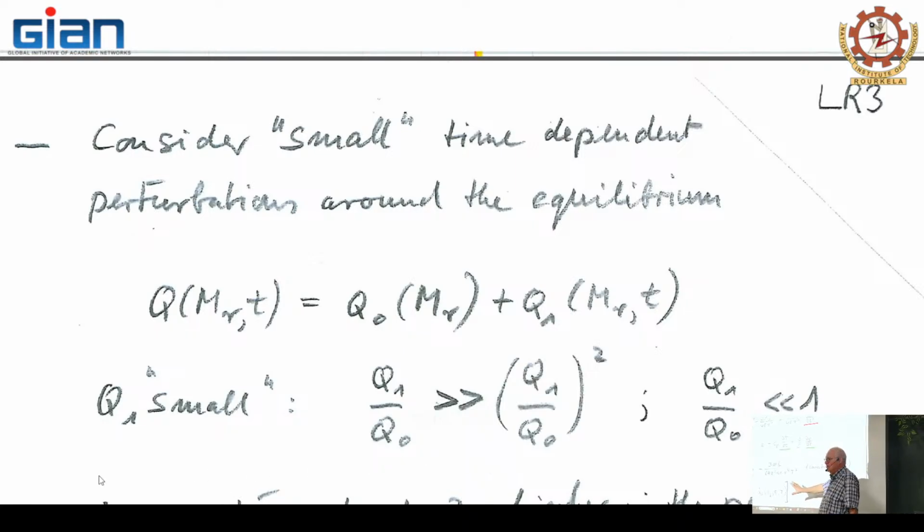This equation is ignored for stellar pulsations because nuclear reactions take place on a much longer timescale compared to the pulsation timescale. So this is ignored, and we have to consider these four equations: mass conservation, momentum conservation, energy conservation, and energy transport.